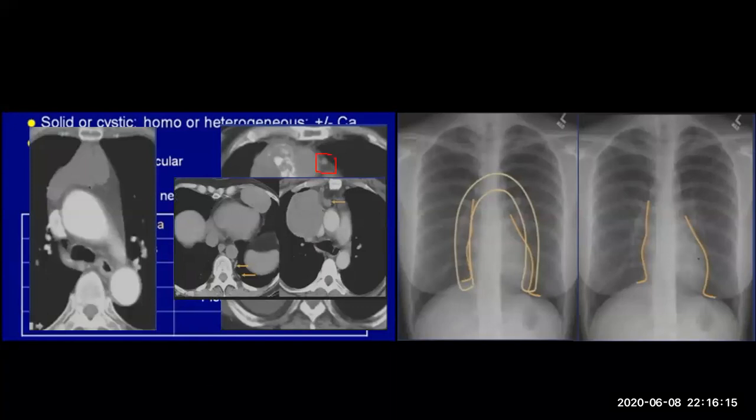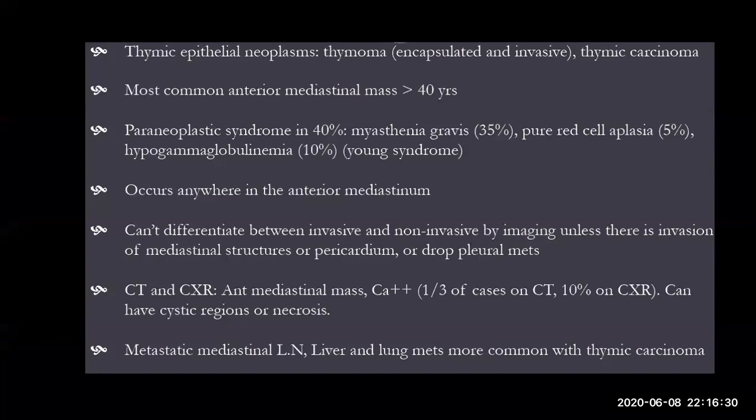Sometimes thymoma presents with red blood cell aplasia. About 30% of those who have red cell aplasia have thymoma.